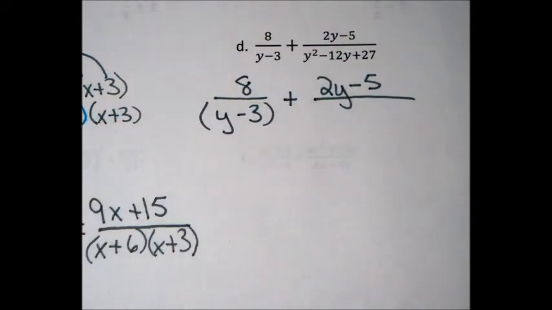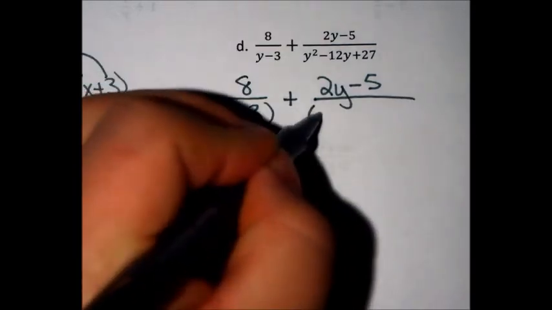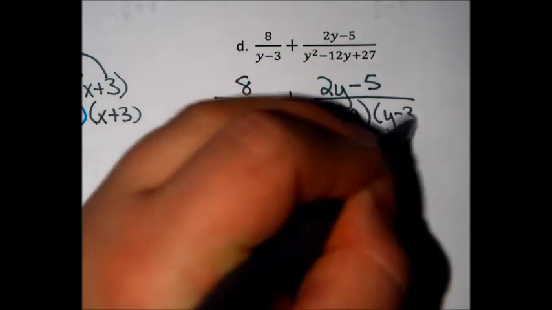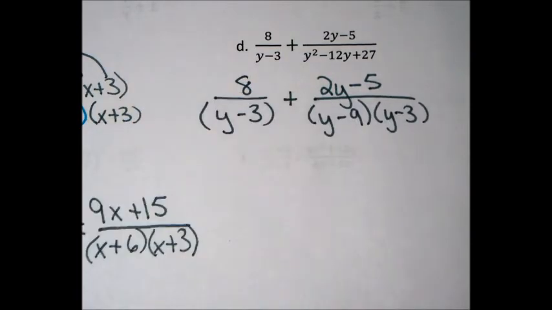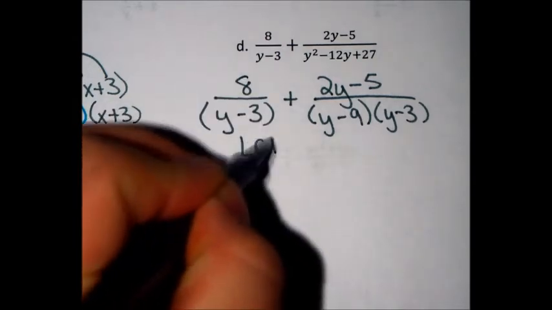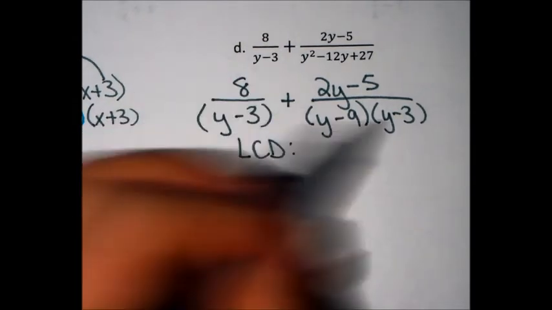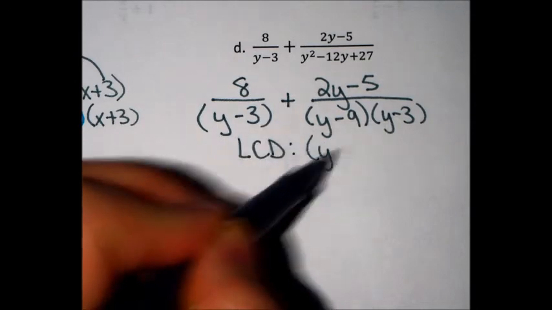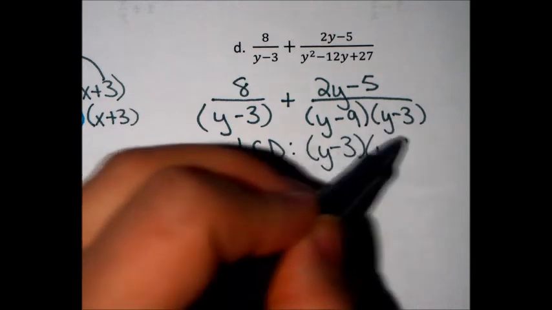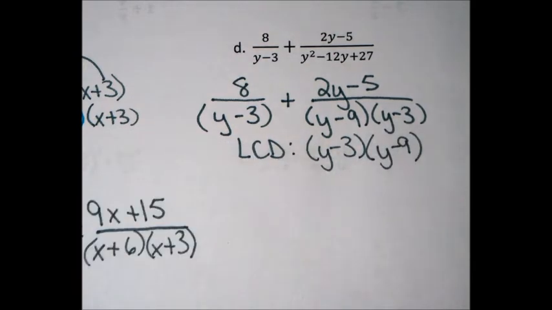But the denominator of the second one does. So when I go to find my LCD, they have an equal number of y minus 3's. They each have 1. And this one also has a y minus 9. So the LCD is y minus 3 and y minus 9.